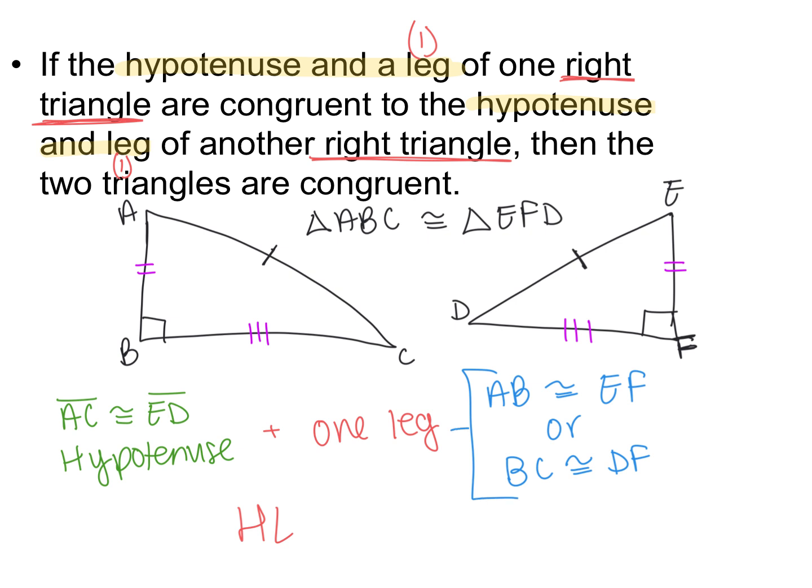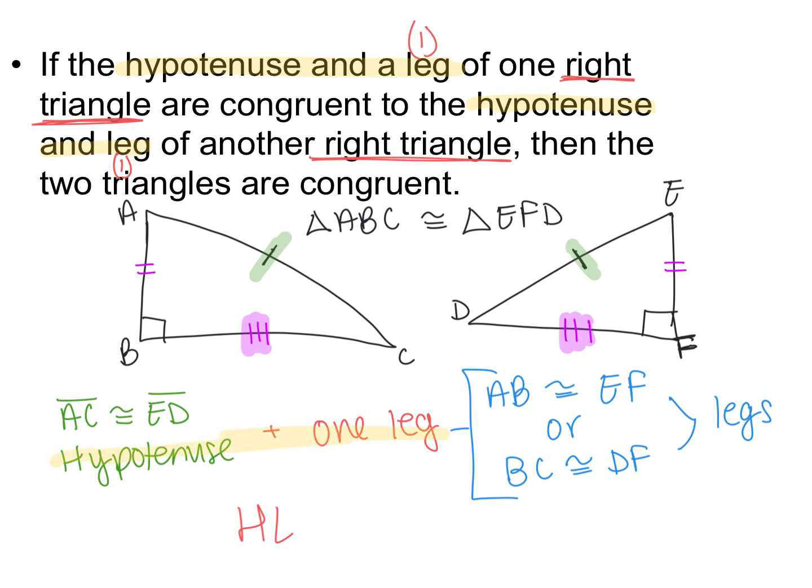I only need one to prove that it's hypotenuse leg. Keep in mind, these are my legs. I only need one to prove that it's HL. I don't need two. So if they said, okay, here's your hypotenuse, that's good. And if they only gave me this leg right here, I can prove that it is a congruent triangle using HL.